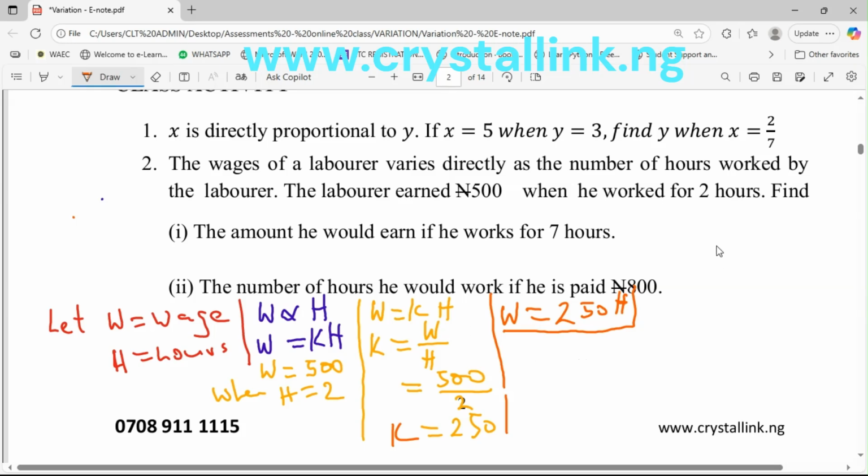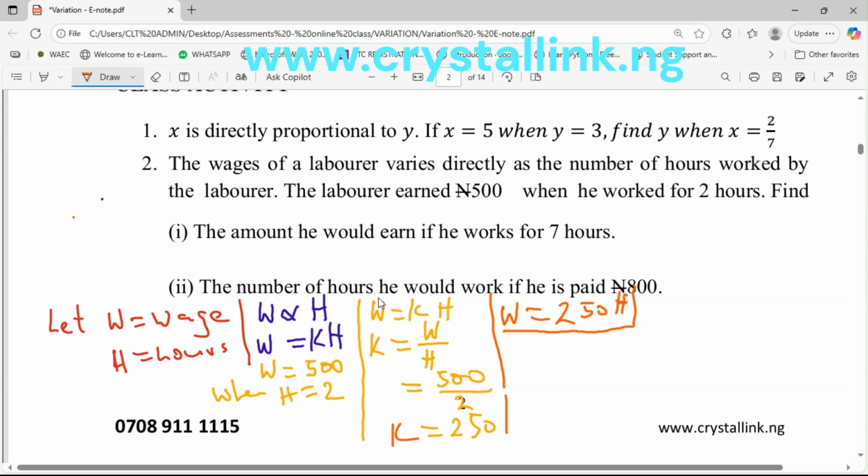Okay, finish up from here. We said find the amount he will earn if he worked for 7 hours. So H is the number of hours, right? So just put 7 here. So you will earn 250, which is K now, times 7 hours. That will give you a value of W.